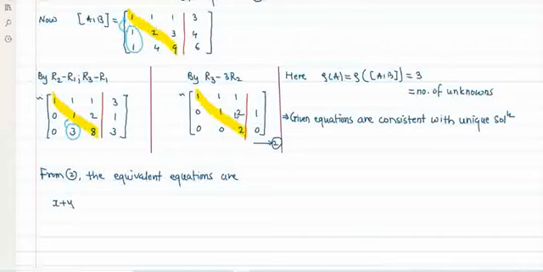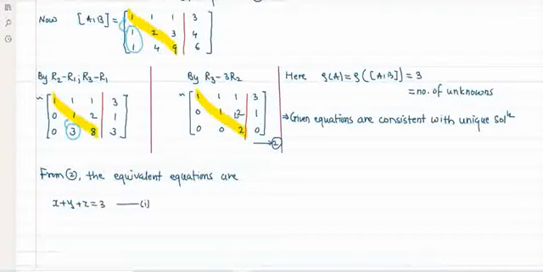I will label this equation 1. Second one, y plus 2z equal to 1, equation 2. Now third one, 2z equal to 0.